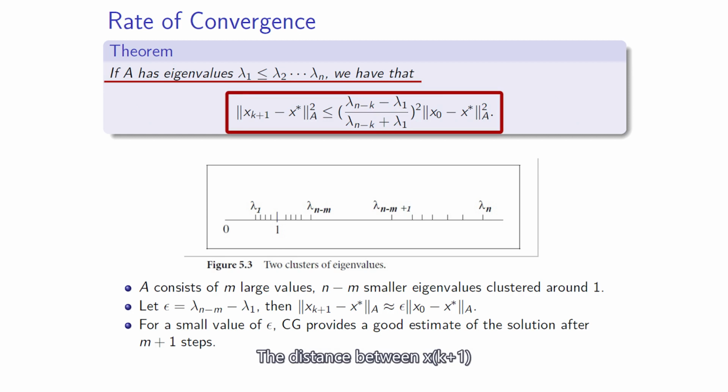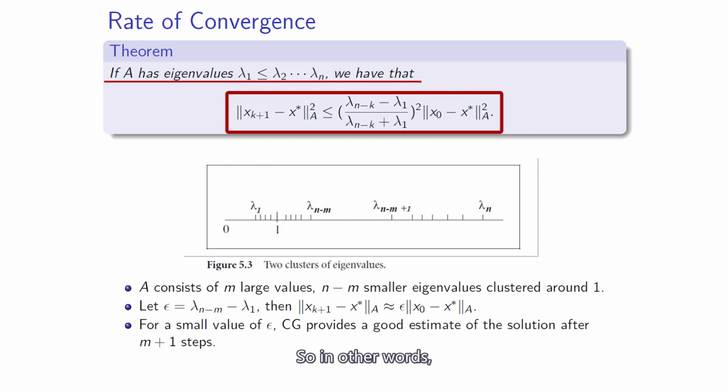The distance between x k plus 1 and the accumulation point x star will be upper bounded by a constant, which is related to lambda n minus k and lambda 1, multiplied by the distance from the original starting point to the accumulation point. Okay, so this is the relationship at the k plus 1 iteration.